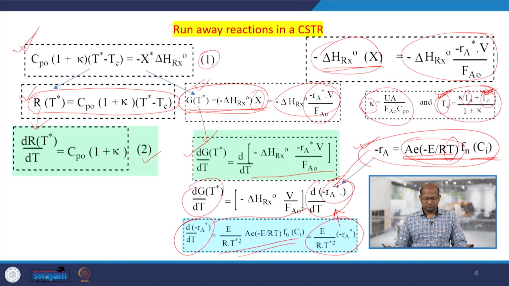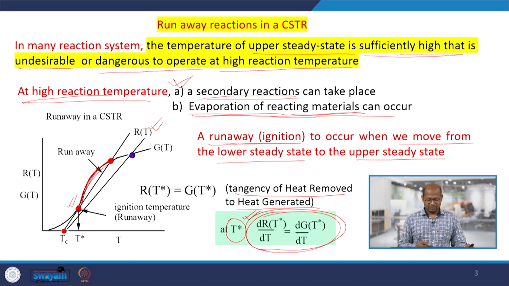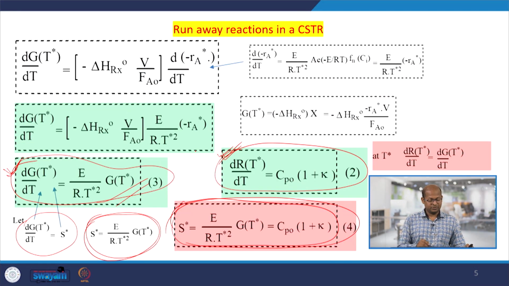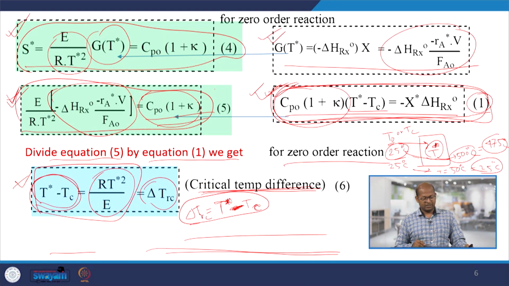Okay. So, what are called runaway conditions or ignition temperatures, and how can we get them from the energy balance equations? From equation 2 we know dRT by dt and dGT by dt, which we developed. From equation 5 and from there we know the critical temperature difference.